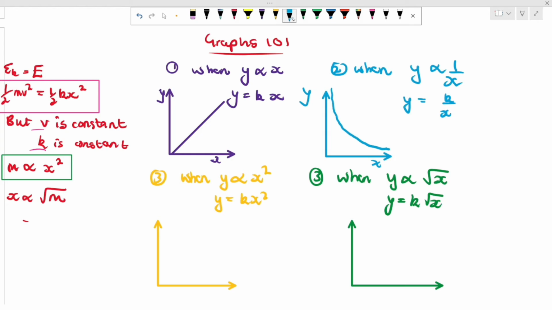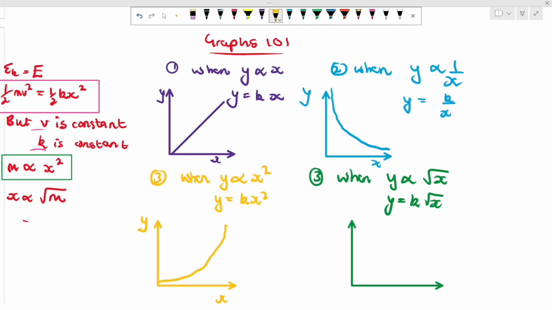If you ever find that y is directly proportional to x squared in any calculation, you make y the variable that is on the y-axis, right? And then you have x, the variable that is on the x-axis. If you ever find this, you're going to draw a graph like this, right? So it's a graph with increasing gradient, so sort of like a little curve.